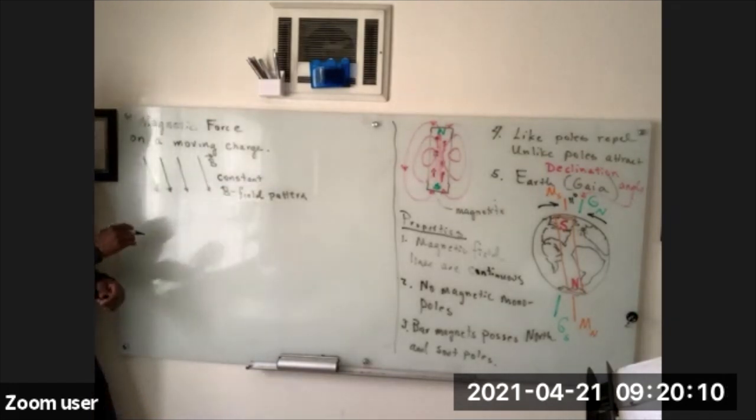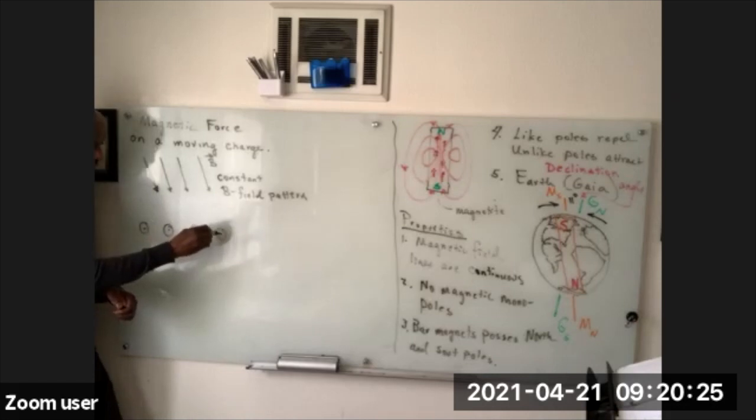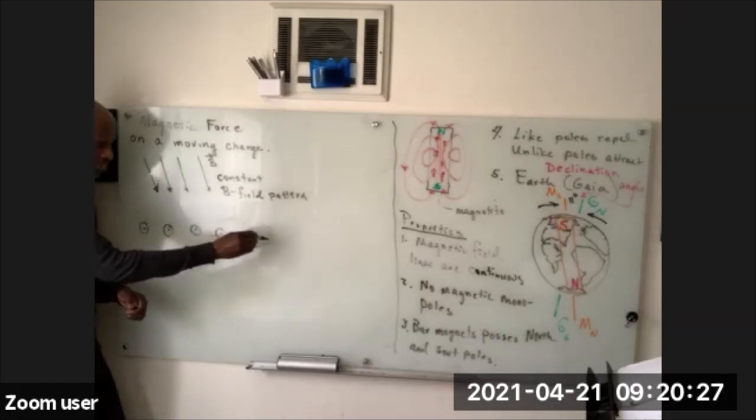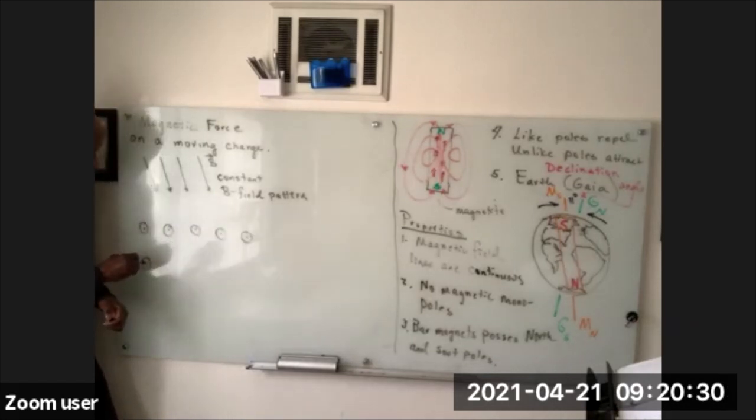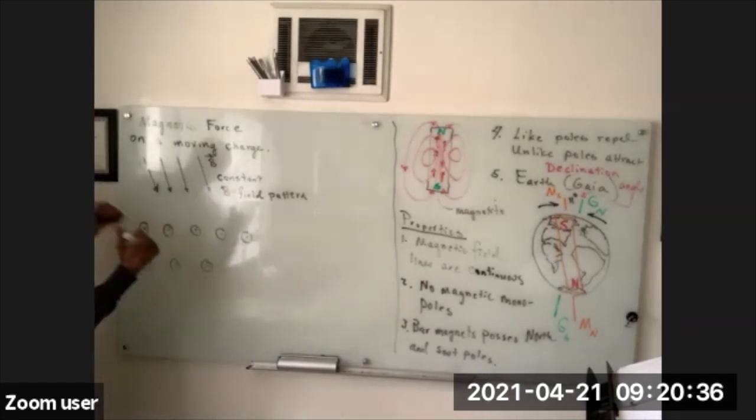Now let's consider a field pattern in some region where the magnetic field is constant, but is coming out of the board toward us. The way I would represent that is with the dot and cross notation for in and out, but we're looking straight on, and the field pattern would look like straight lines, but because I'm looking straight on, it's coming out toward me.